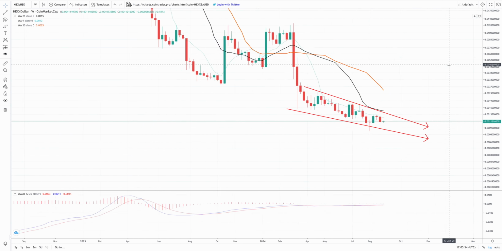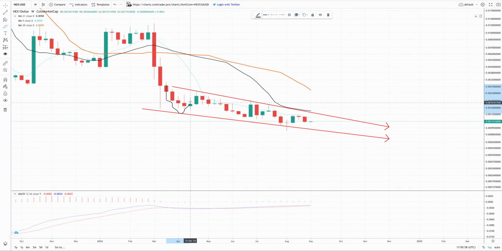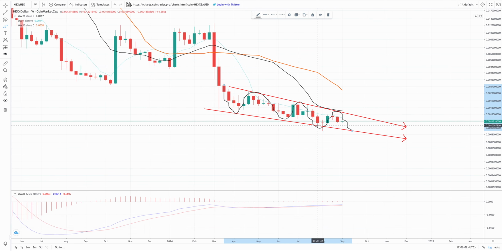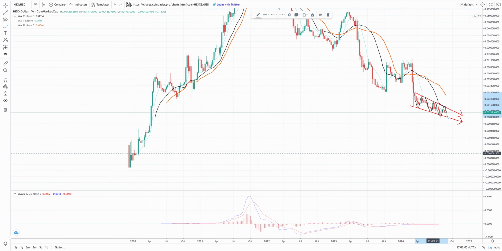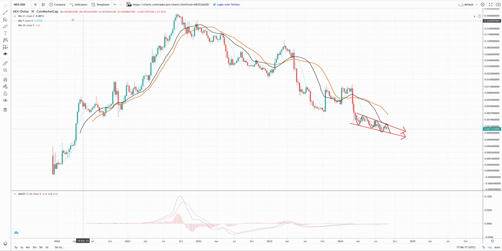Now, an ending diagonal is when the waves overlap each other, which marks the end of a trend, right? So if you want to DCA into Hex or eHEX, then don't go all in on one shot, because you mustn't forget that we're still within an ending diagonal and that any positions may suffer from chop. Okay, chop and grind.